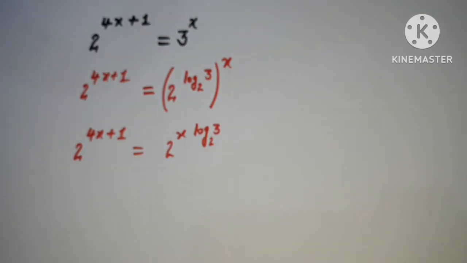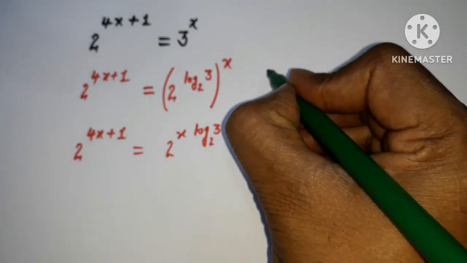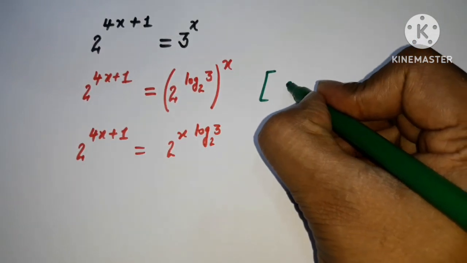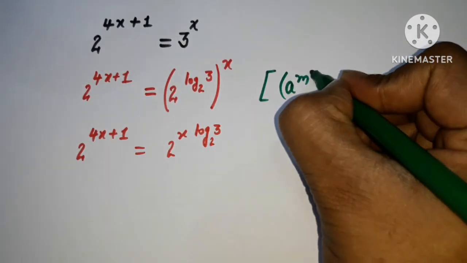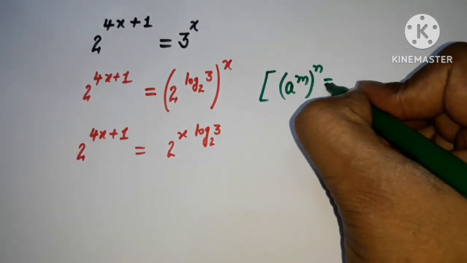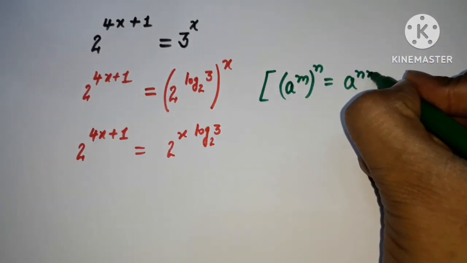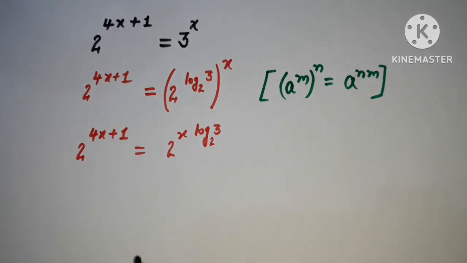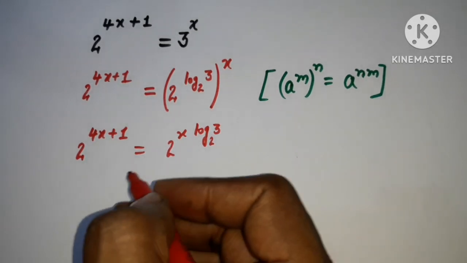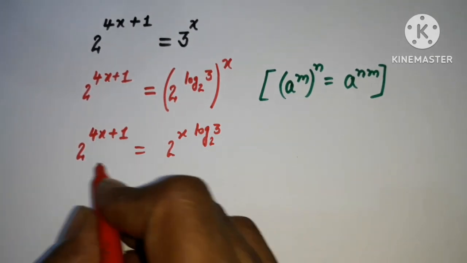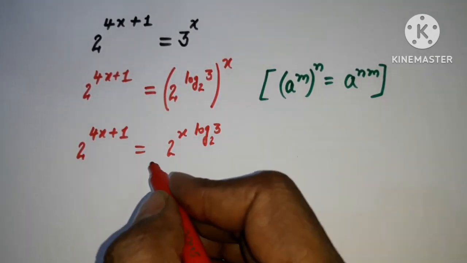How can we say this, by using one formula? Suppose a^m and then the power n: the exponents multiply together by using this formula. And this can be solved because the bases are the same, so obviously their exponents will be equal.